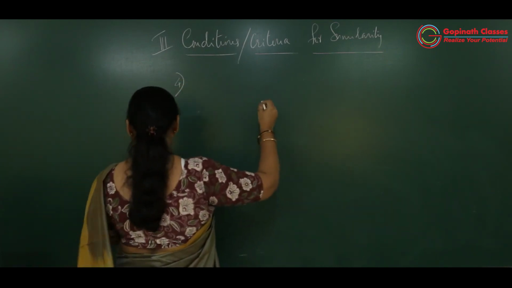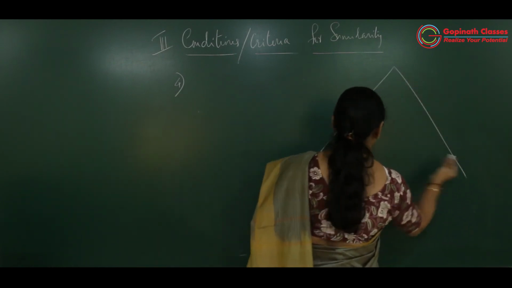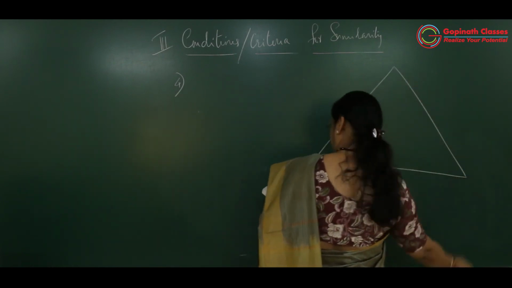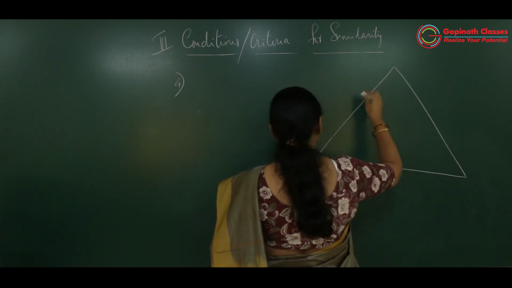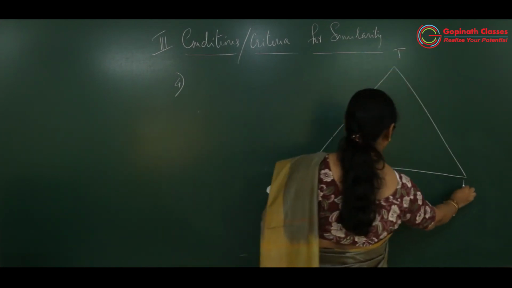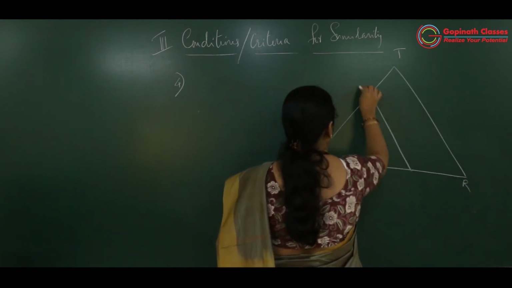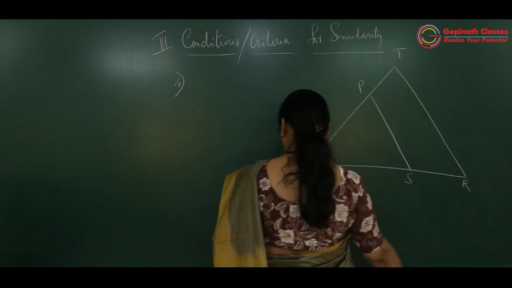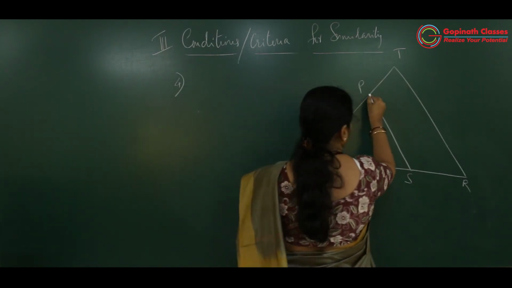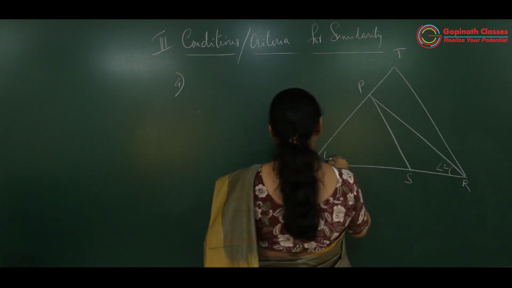The fourth question is like this. T, Q, R, then PS is parallel, and PS and PR are joined. This is angle 2 and this is angle 1.